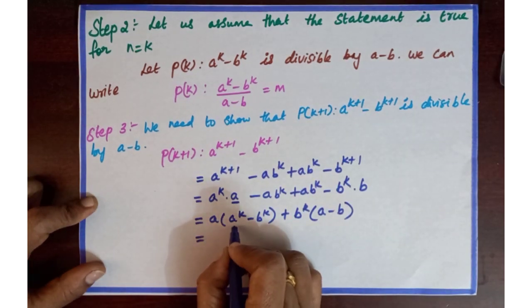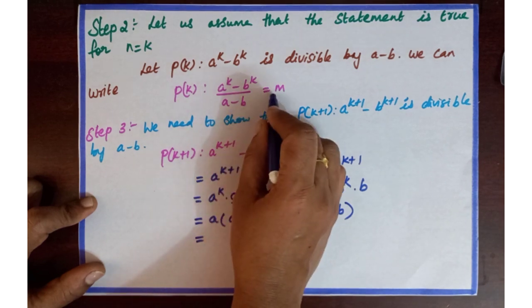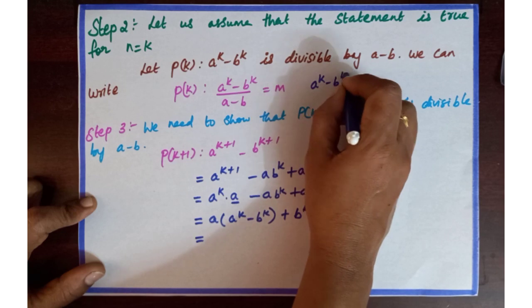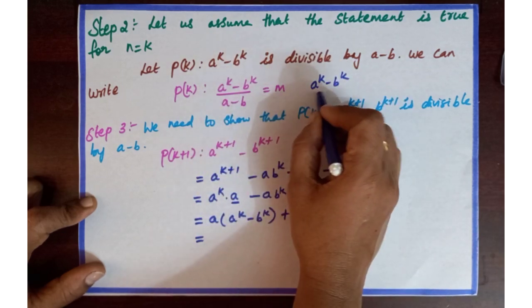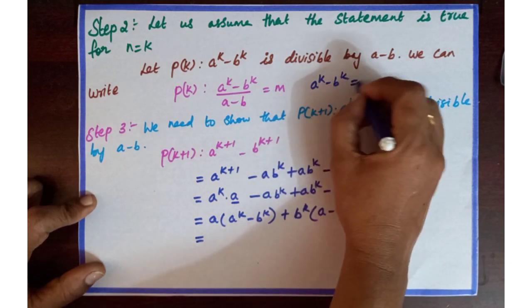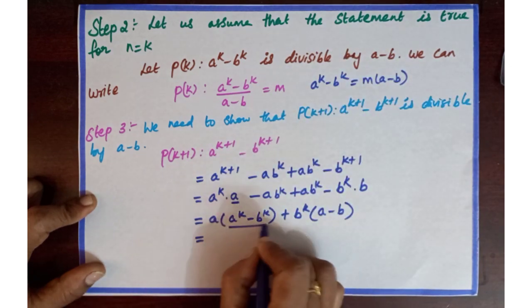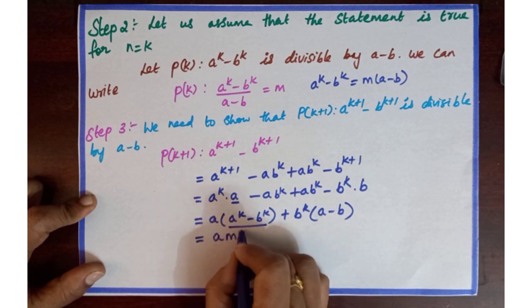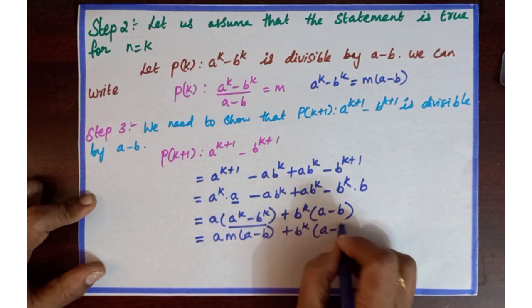Now, in the place of a power k minus b power k, I am going to substitute m of a minus b. Already we have assumed a power k minus b power k by a minus b equal to m. So, a power k minus b power k is equal to m of a minus b. That I am going to substitute here. Then I will get a into m of a minus b plus b power k into a minus b.